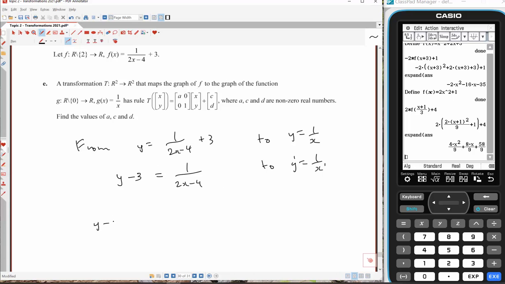So y take 3 equals y dash. Yep, okay, so that's going to be x dash, y take 3. So I think this one here, d, is going to equal -3. Okay, x dash, 2x take 4.